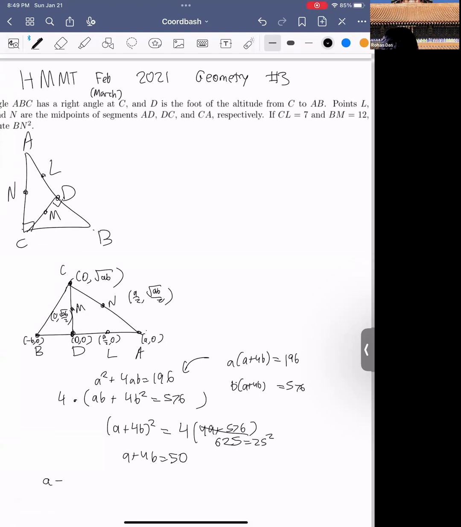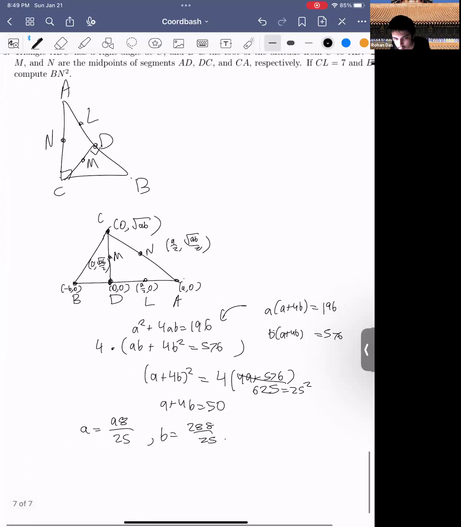So then we know that a is 98 over 25 and b is 288 over 25. And here, if you're watching this, you might stop and say this is way too ugly and it's going to be better to try this synthetically and restart. But for demonstration's sake, I'm going to finish this.